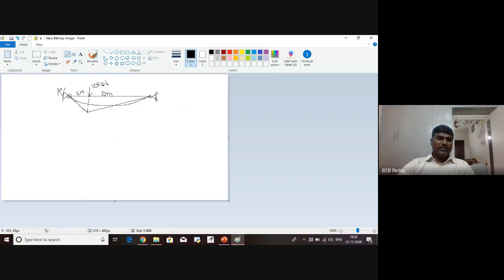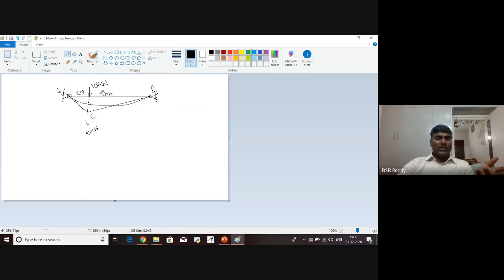This is A, support B, support C. The load is now here; the 10 kilonewton has come down. Now count the unknowns. You have to solve this problem. Solving means what? What is the tensile force developed in the cable? Because you are applying a force of 10 kilonewtons.